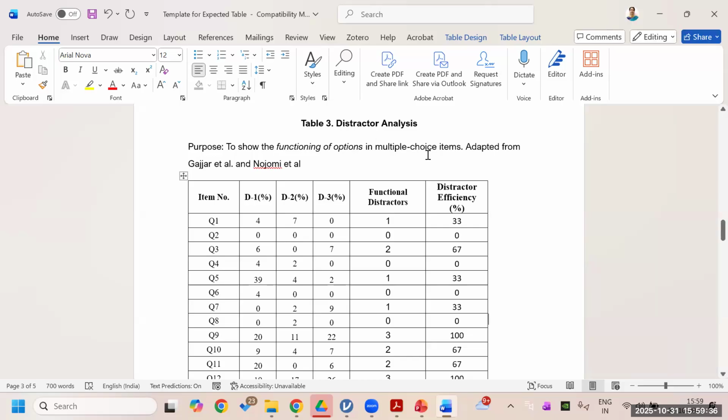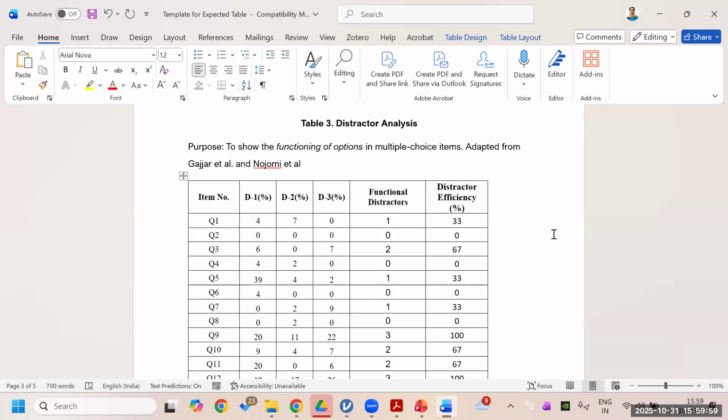Ma'am, if we are not giving the actual option names like B, C, D, and only put D1, D2, D3, then when we go back to the form and find that the functional distractor is D2, how do we trace back to the question?